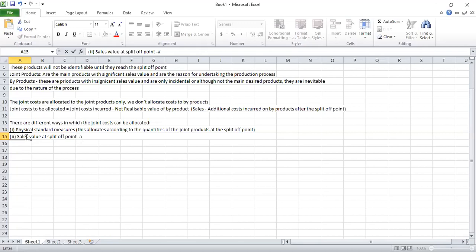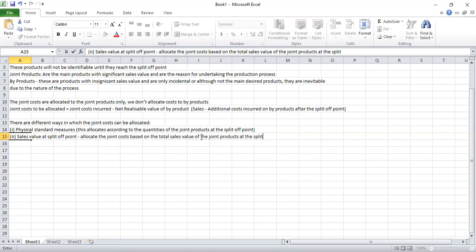That means here we allocate the joint costs based on the total sales value of the joint product at the split off point.